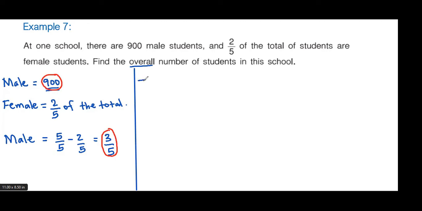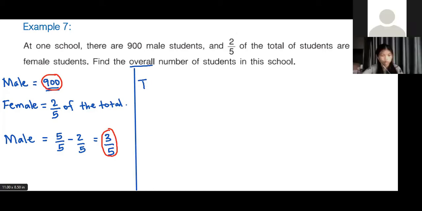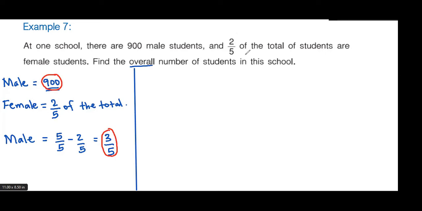So we say that the total number is the same as the overall, all total number of students.